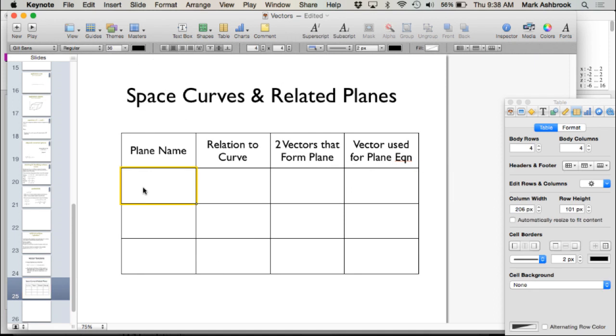So we did the normal plane first, and then we had a tangent plane, and then we had the osculating plane. For each of those planes, what is its relation to the curve? What is the normal plane's relation to the curve? That's an easy one. Normal to the curve.